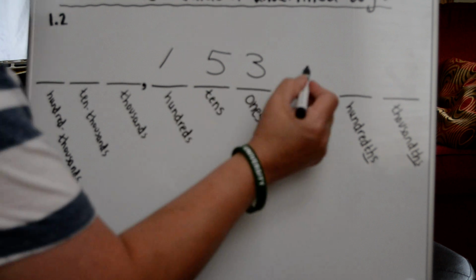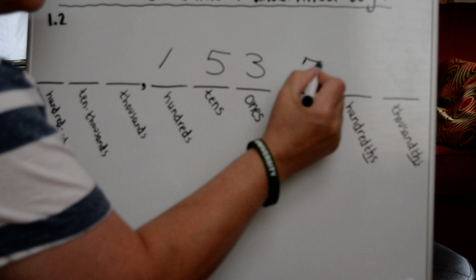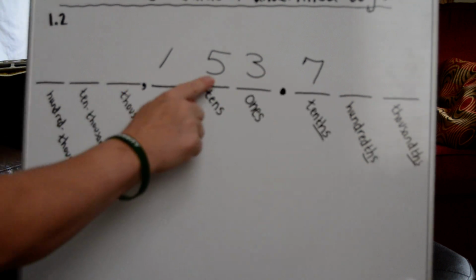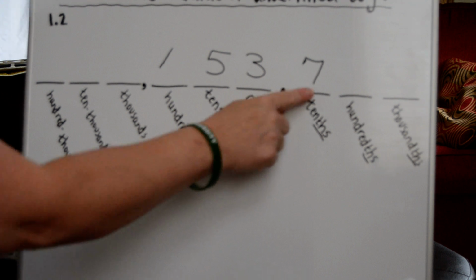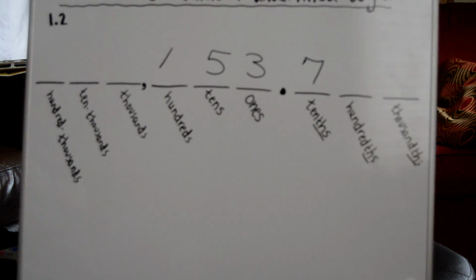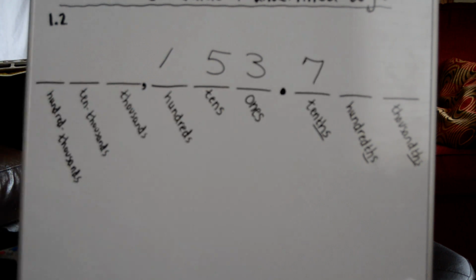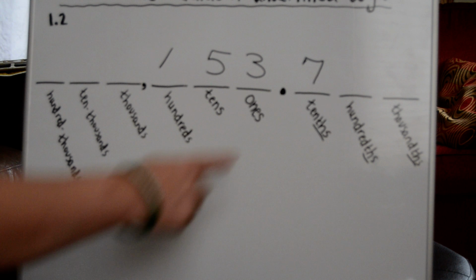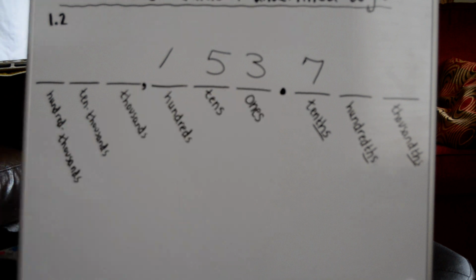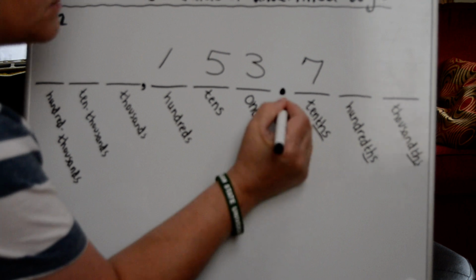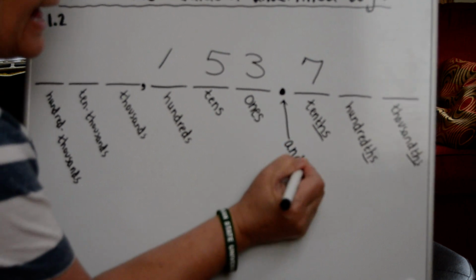If I add a digit after the decimal, such as a 7, I would now read this as 153 and 7/10ths. Whatever place the digit is after the decimal, I say that name of that place. And in place of the decimal, I say the word and. So whenever you see a decimal, you're going to say the word and.